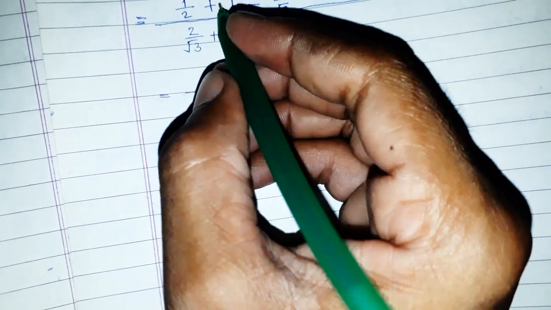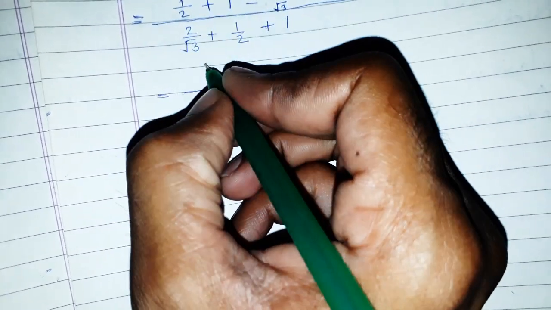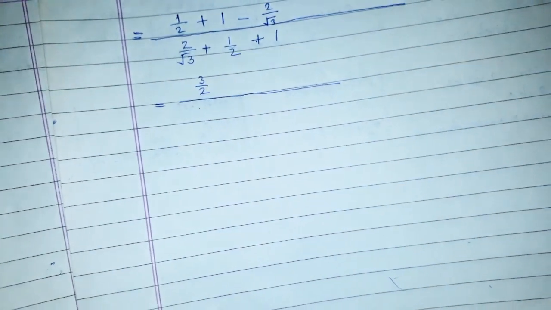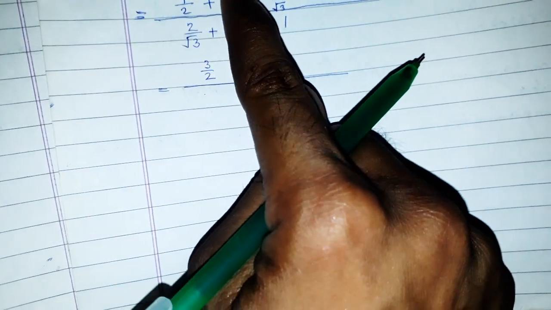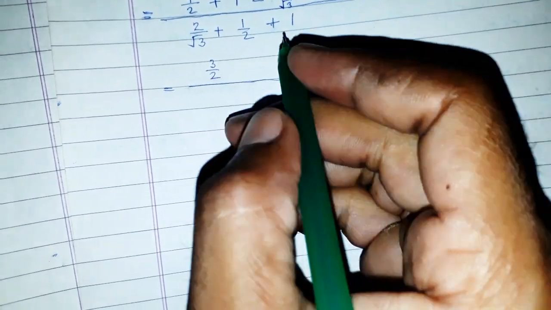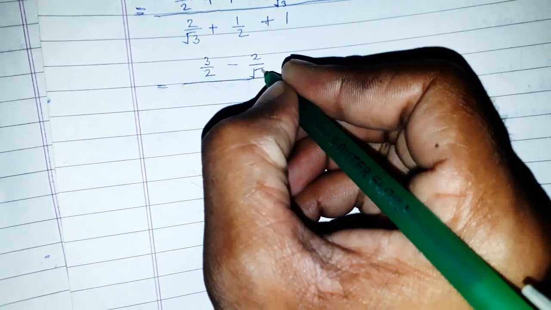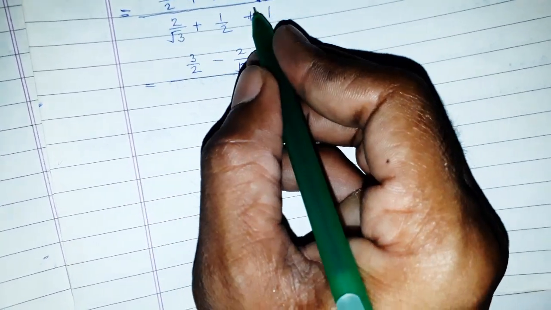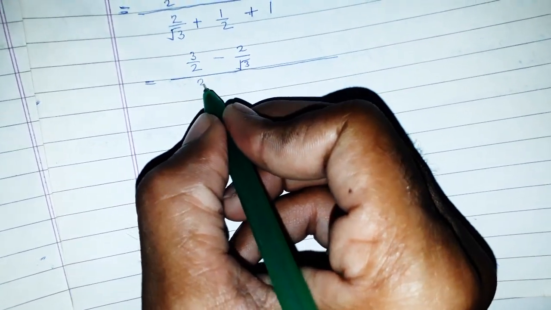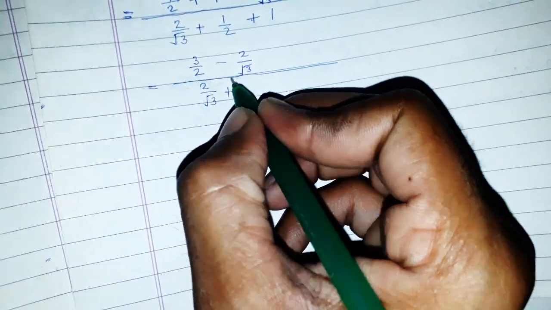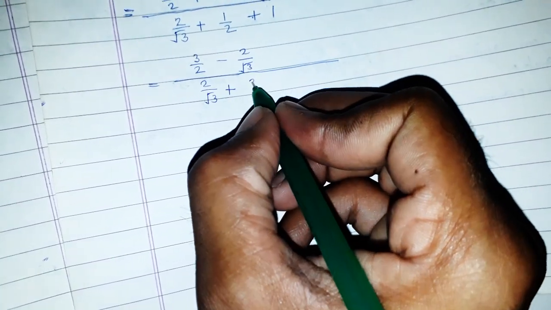Solving this value first, this is 3 by 2 because the LCM is 2, then 2 plus 1 is 3 upon 2 minus 2 upon root 3. Same here, 2 upon root 3 plus this is also 3 upon 2.